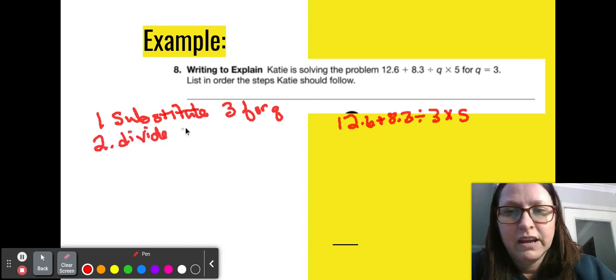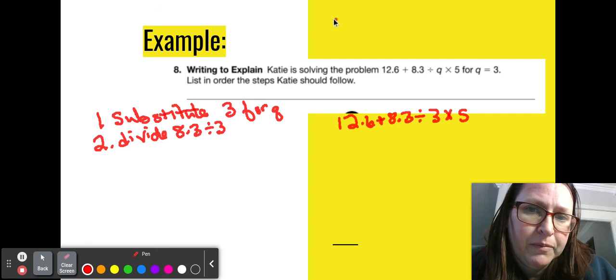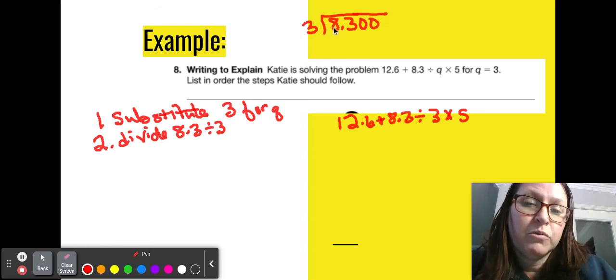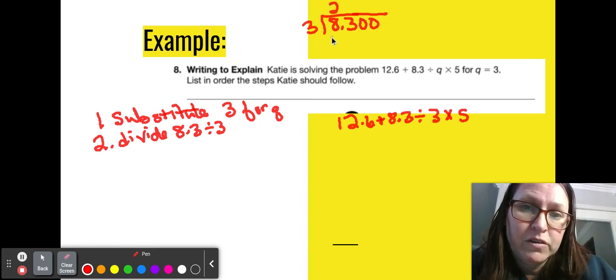She needs to divide 8.3 divided by 3. So let me do that up here. 8.3 divided by 3. Remember, I can go 3 decimal places. So 3 goes into 8 2 times. 2 times 3 is 6. 8 minus 6 is 2.